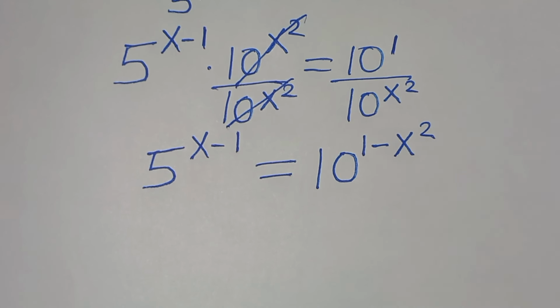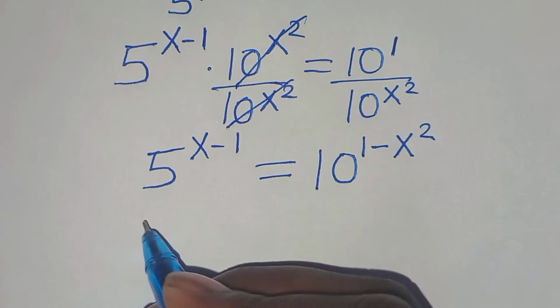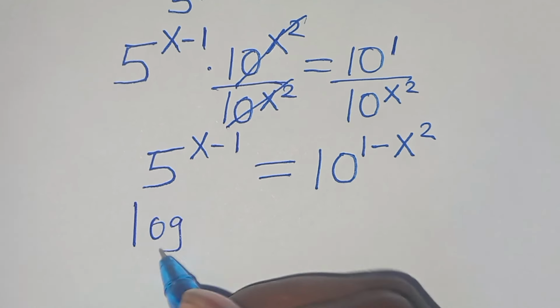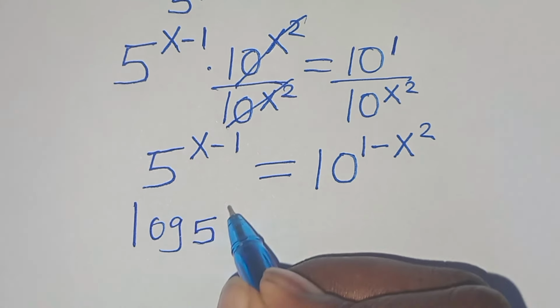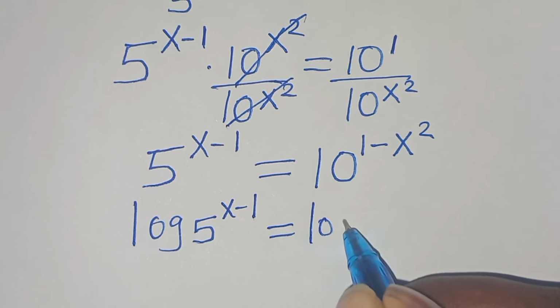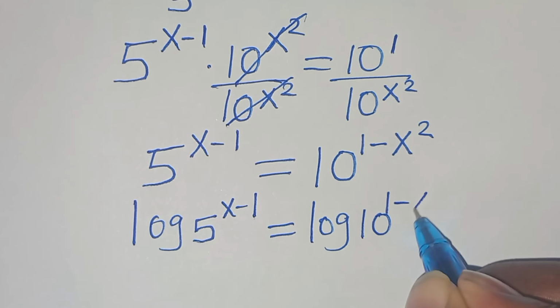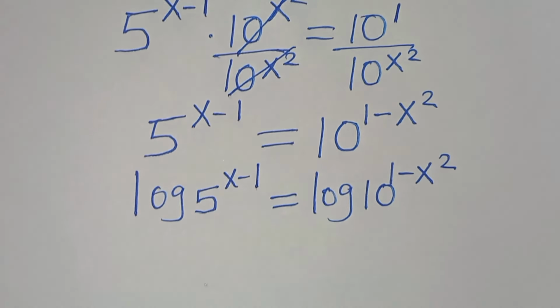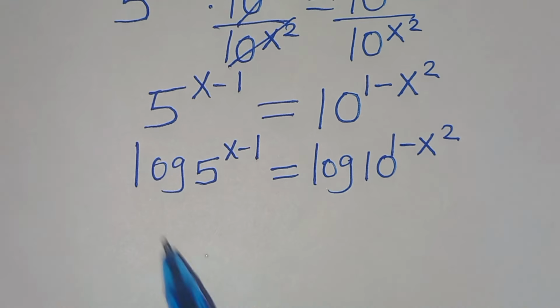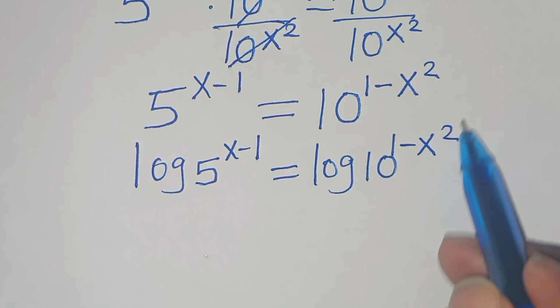The next step from here, to solve for x, we introduce logarithm on both sides so that we have log 5 to the power of x minus 1. This is equal to log 10 to the power of 1 minus x squared.